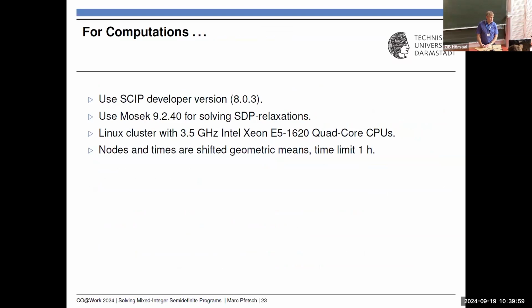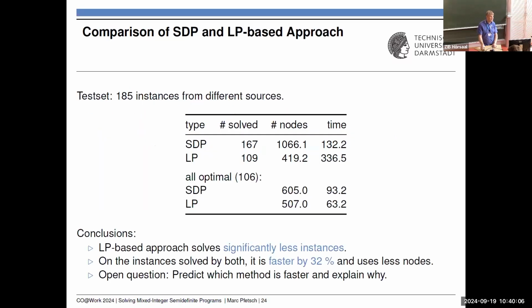Now, for the computations, I've written down how they are taken with SCIP-SDP. They are not important now, but if you want to look it up later. So here's an interesting experiment comparing the SDP-based branch and bound and the LP-based branch and bound. I've taken SCIP-SDP on 185 instances, and you can see the results. At the top, it's on all instances, and the bottom block is only on the ones where both approaches solve the instance to optimality.